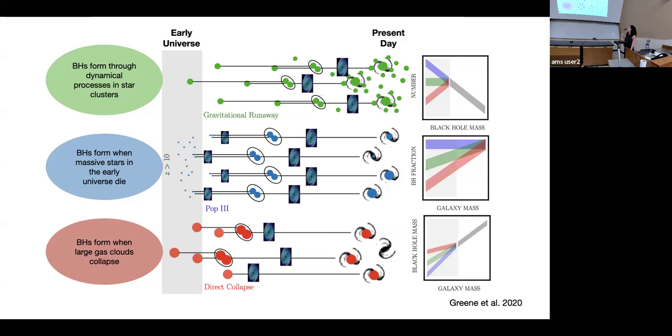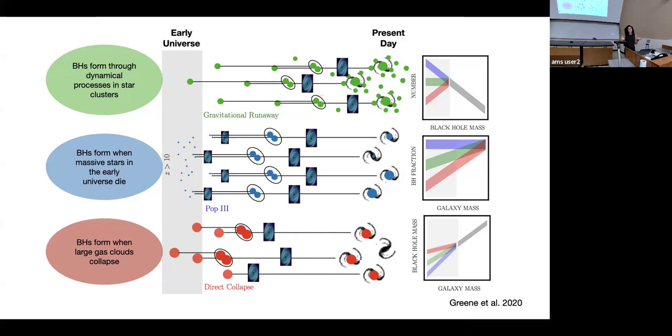The key thing here is that for massive galaxies, basically no matter how you form the initial black hole, everybody gets one. But in little galaxies, depending on how the initial black hole forms, you start to see differences. There are differences in the fraction of galaxies that contain a black hole, differences in the black hole number density, and differences in the relationship between black hole mass and galaxy mass.